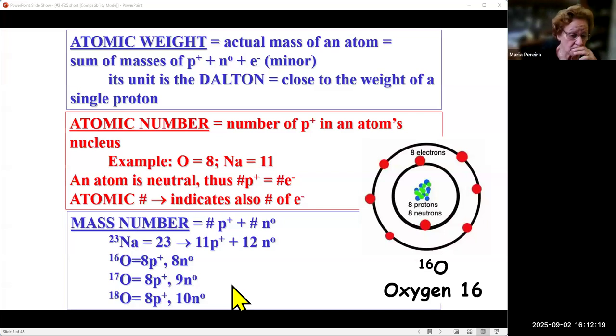This is important when we are going to soon talk about isotopes, which are atoms that are radioactive. So remember this, that the number of protons of an atom is always the same. What can vary is the number of neutrons.